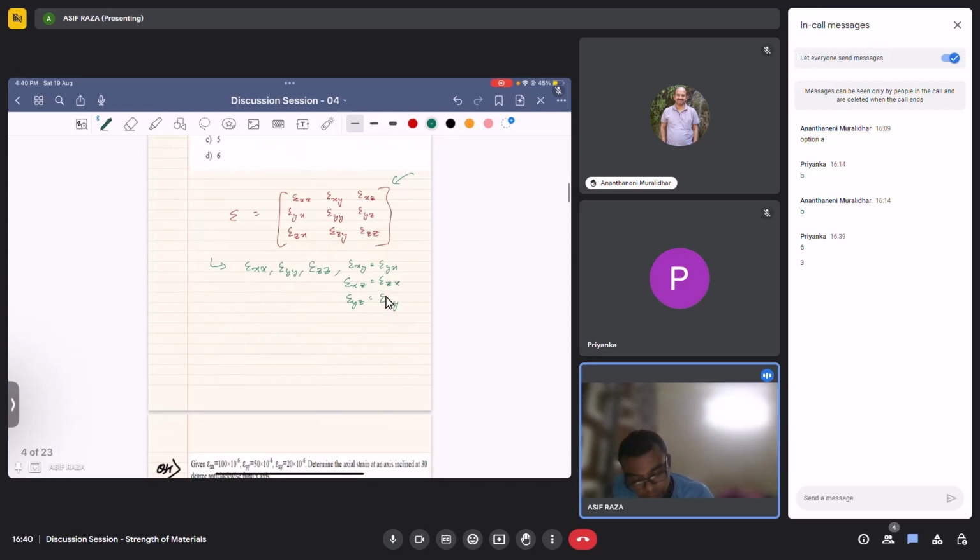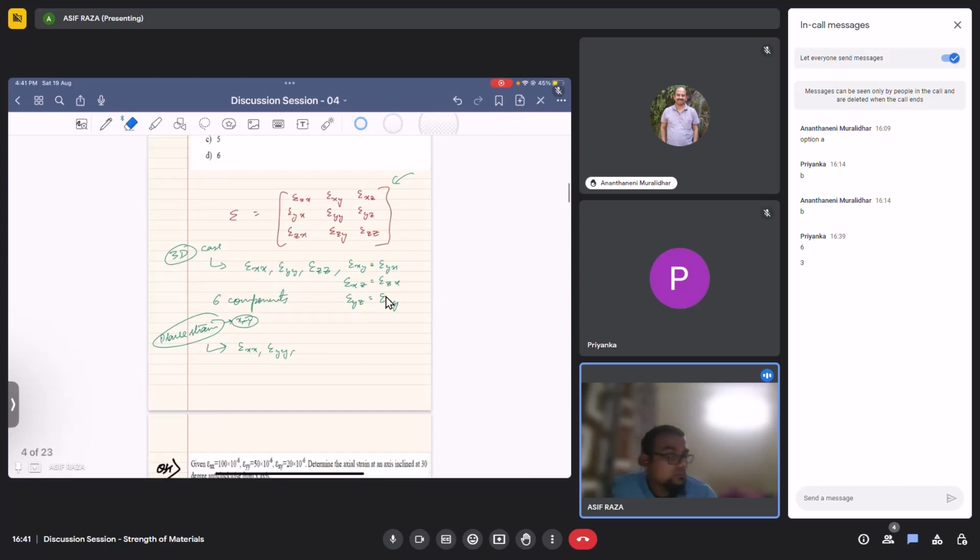So normally, in the 3D case, there are 6 components, but for plane strain condition, let's say we talk about only the xy plane, the components remaining would be epsilon xx, epsilon yy, and epsilon zz would be 0.